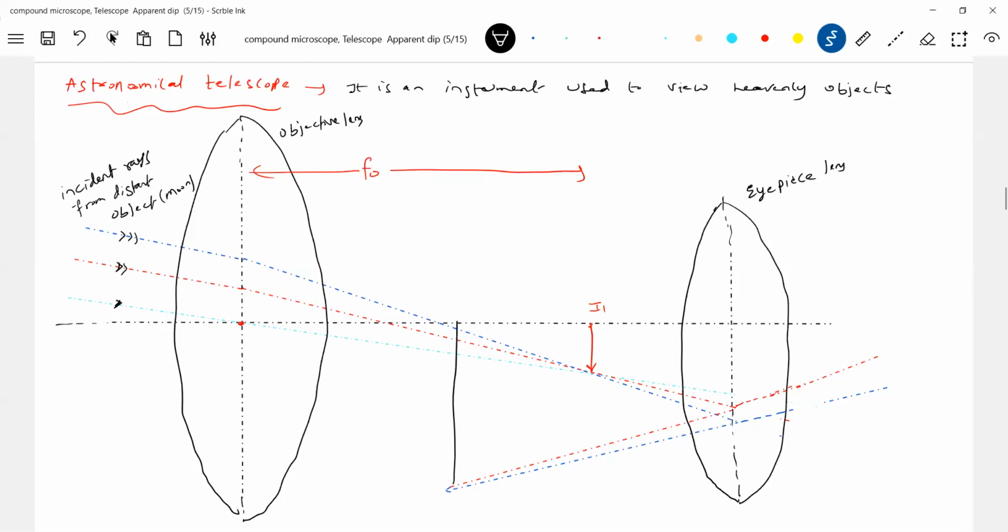This is I2, H2. Call this H1. I think our triangle will come.